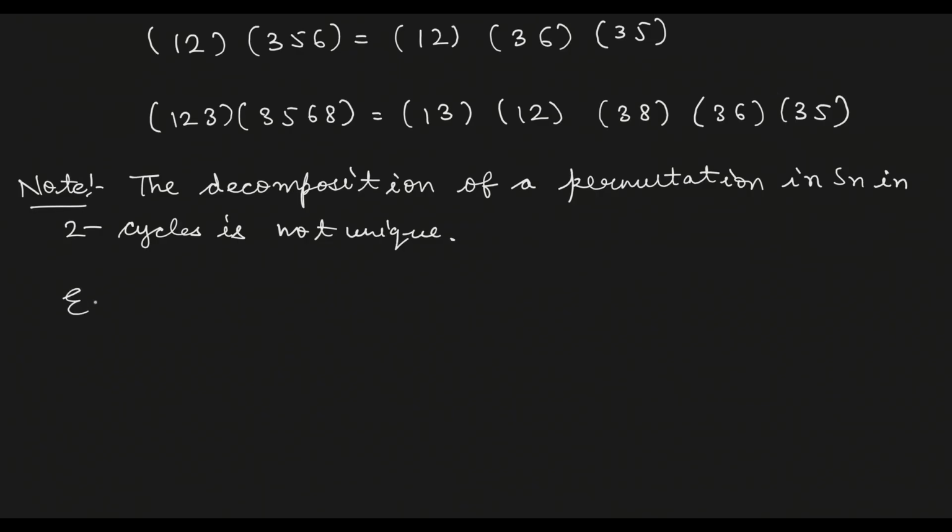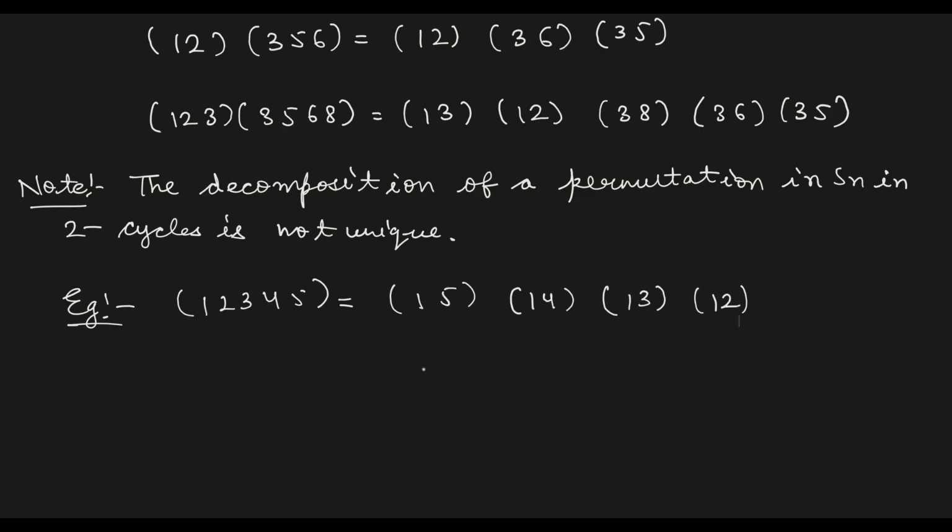For example, (1 2 3 4 5) can be written as (1 5)(1 4)(1 3)(1 2). This can also be written as (4 5)(5 3)(2 5)(1 5).